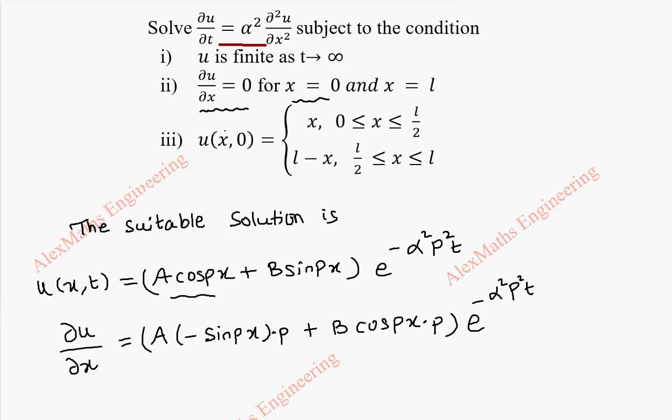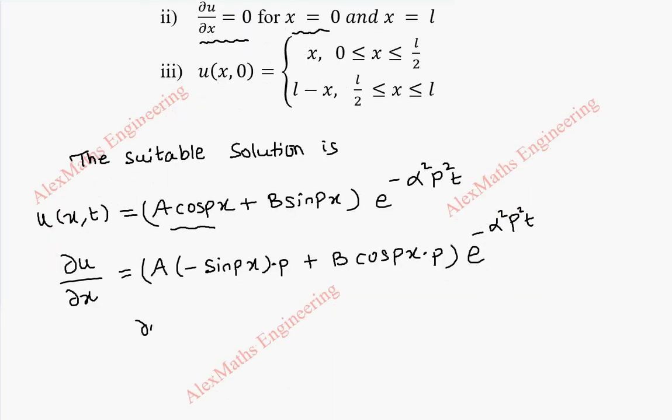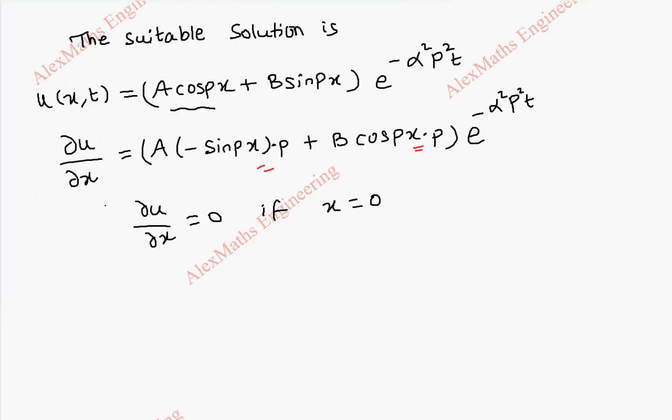Now this value is 0 for x = 0. So the first condition is ∂u/∂x = 0 if x = 0. Wherever x is there, we have to substitute 0, and in that case ∂u/∂x is 0. So 0 equals, here when I put 0, sin 0 is 0, so this term is 0.